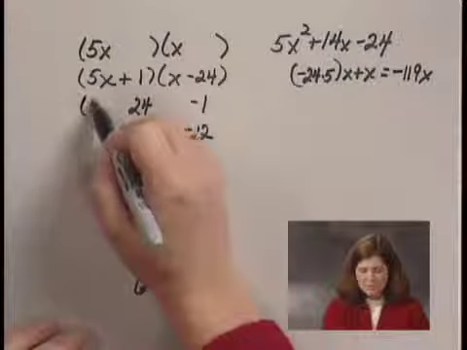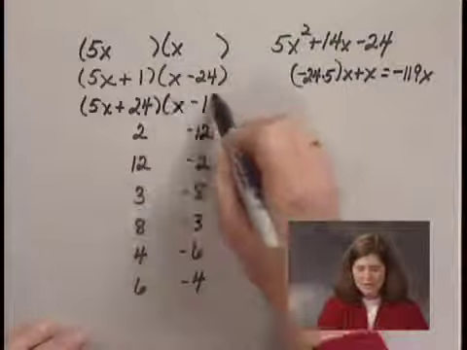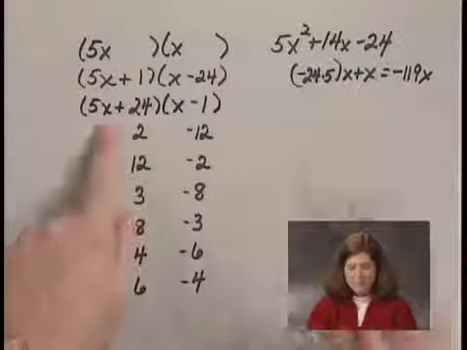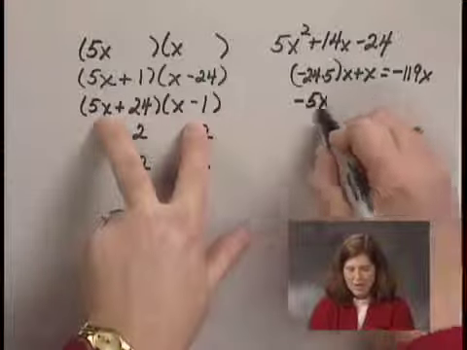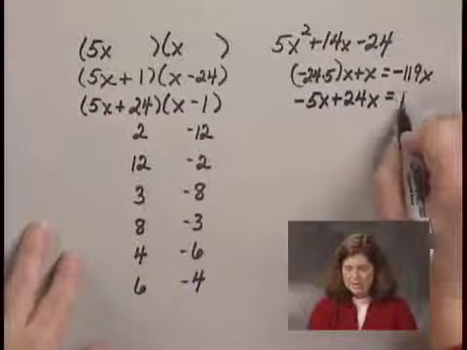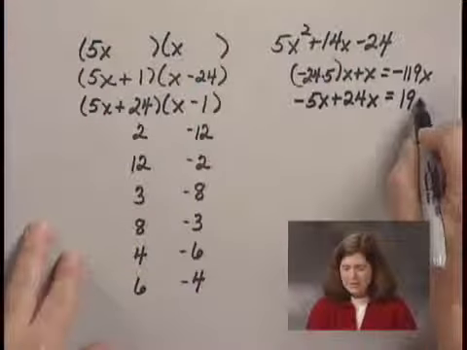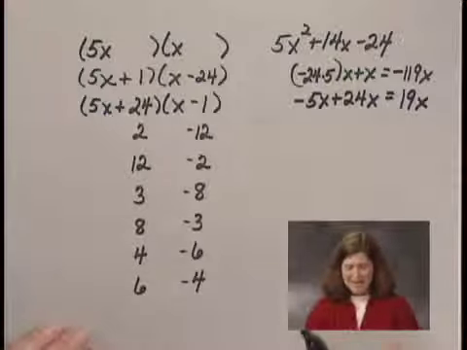So I'll try the next one. I have 5x plus 24 times x minus 1. My middle term then would be negative 5x plus 24x, which is 19x. That's close to 14, but not exact.